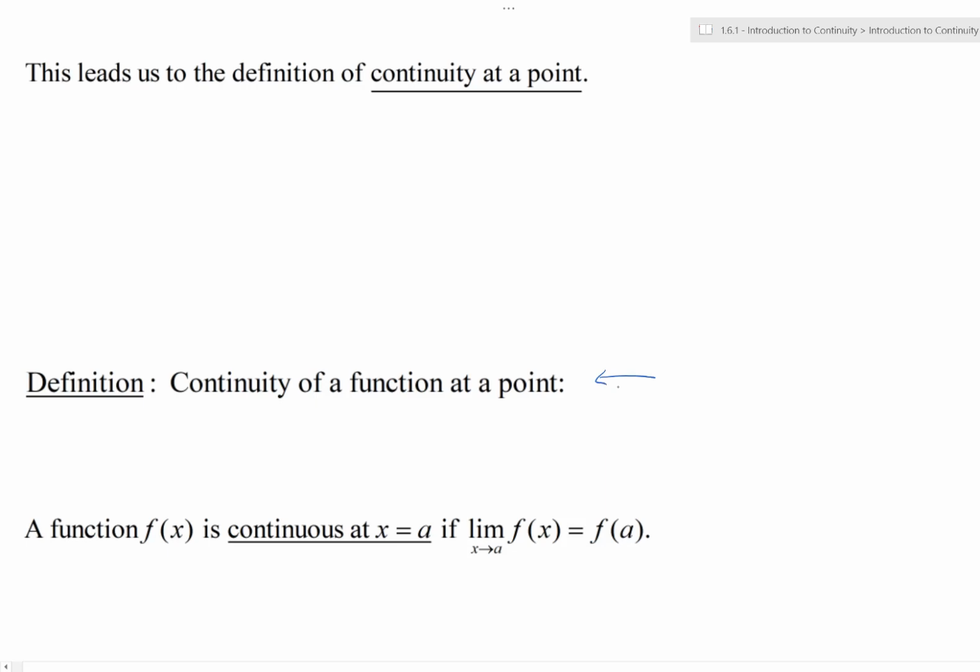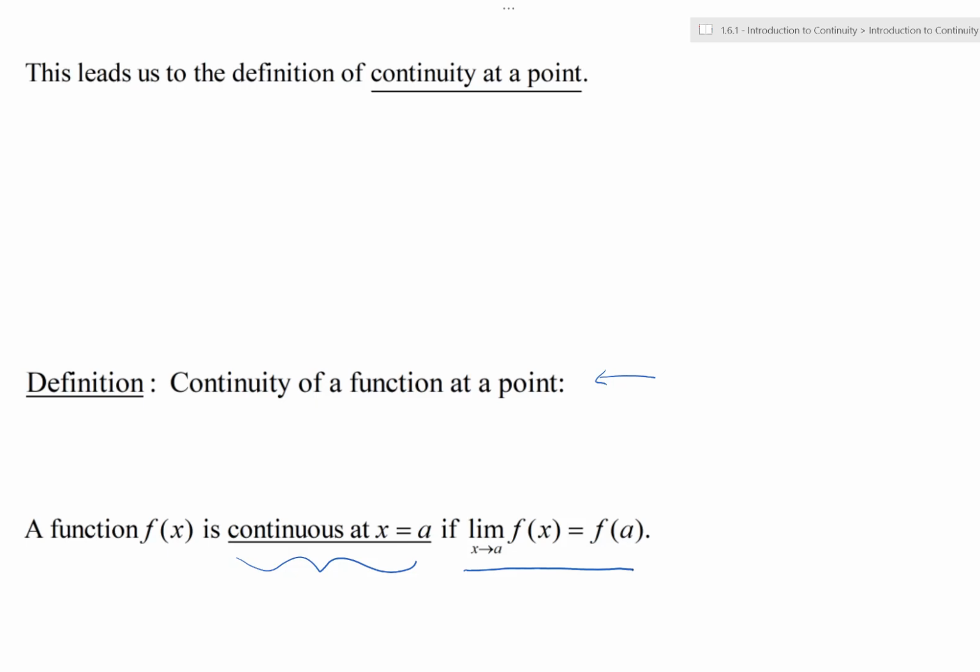Continuity of a function right now at a point, one specific location. So if a function f of x, we say that it's continuous at the x location, x is equal to a, if the limit as x goes to a of the function f of x is equal to the actual numerical value of the function at a, f of a.